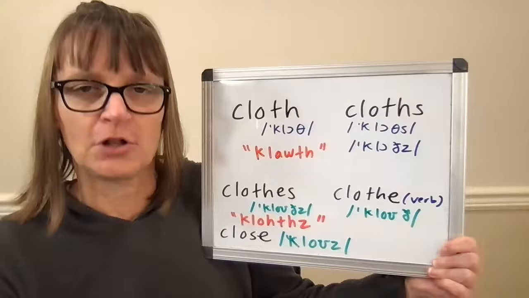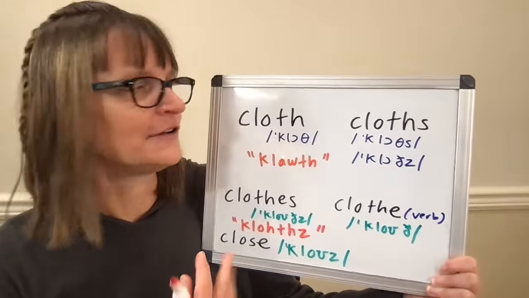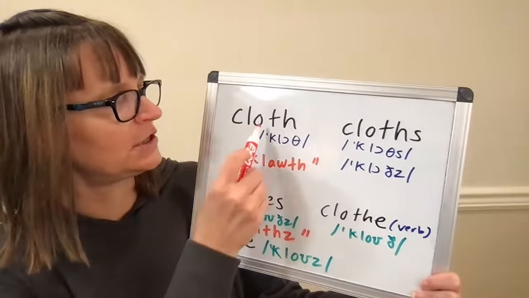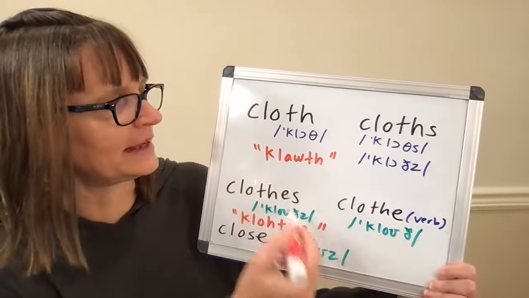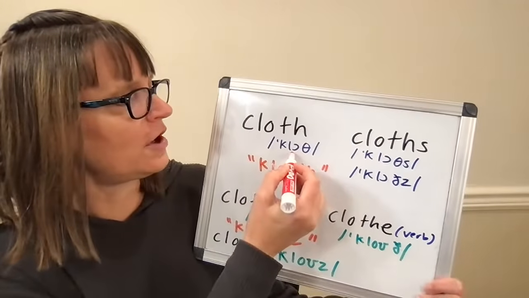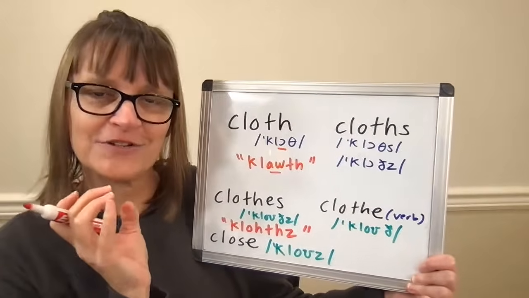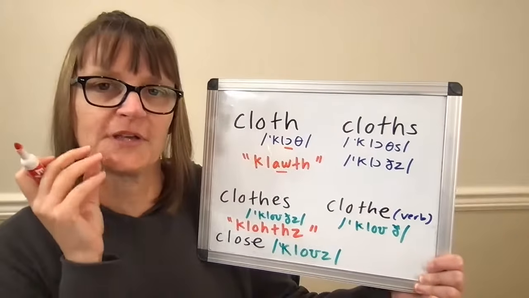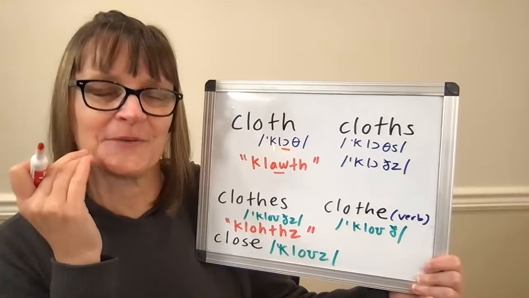So when I'm talking about cloth, I'm talking about the material we make clothes out of. And the difference between cloth and clothes is not only the spelling and the ending, but the vowel sound. So in the word cloth, we actually have an ah vowel. So it's rounded, but it's not an O. When I say O, my lips are very round and my jaw is more closed.